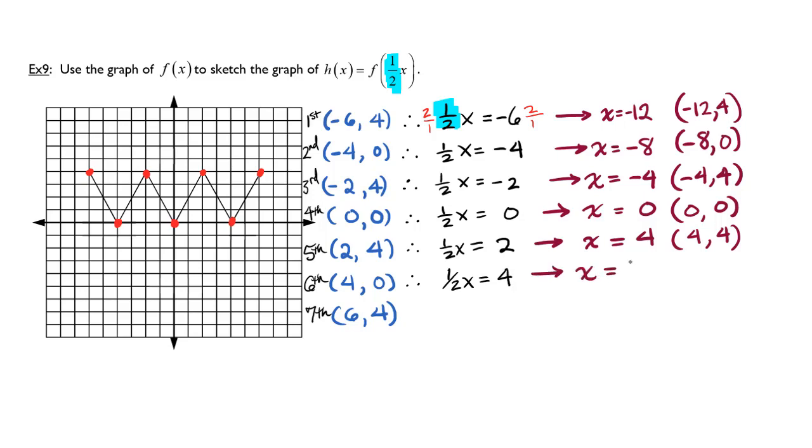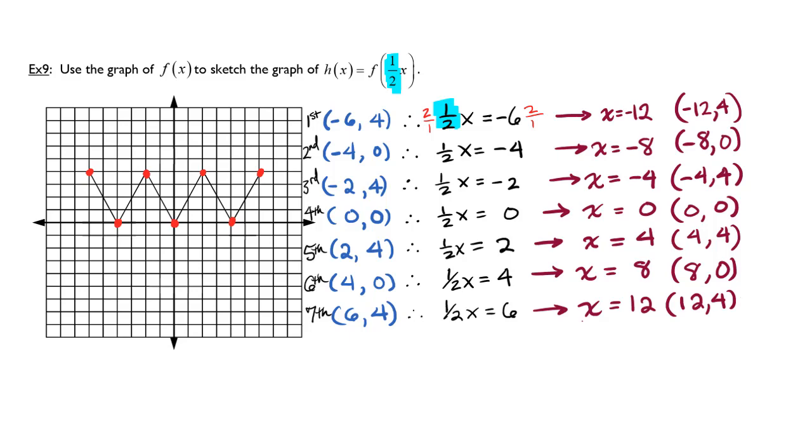That gives us x equal to 8. And our coordinate point is 8, 0. And our seventh equation will be 1/2 x is equal to 6, which will give us an x value of 12. And our coordinate point will be 12, 4.